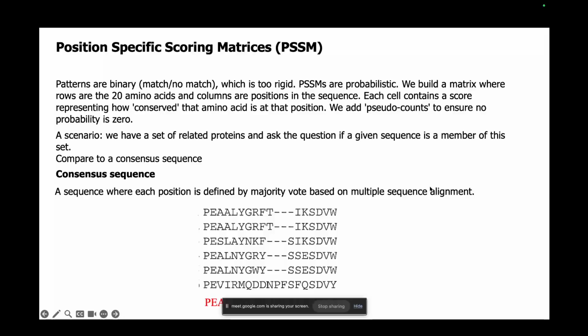So when we do sequence alignment, if you remember, we have three categories: a match, a mismatch, and a gap, right?